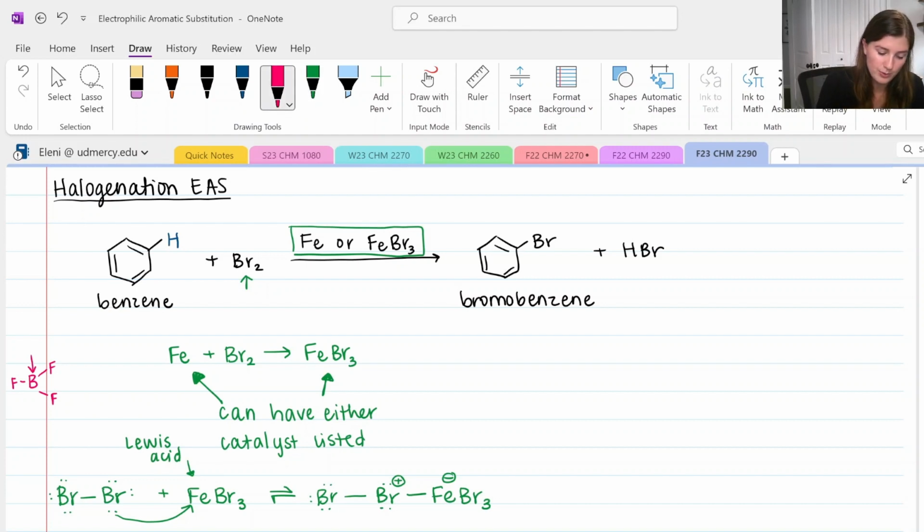So the positively charged bromine is pulling electron density away from the bromine at the end. The electrons shared in the bond are going to be closer to that positively charged bromine because it is lacking electrons. And so that makes this bromine now electrophilic. This is going to be our electrophile.